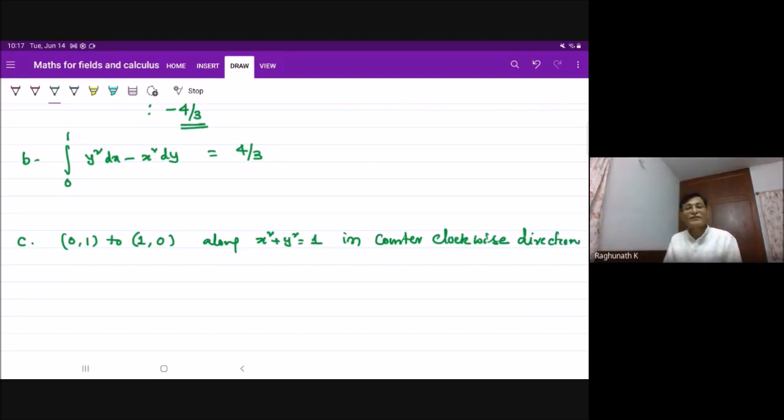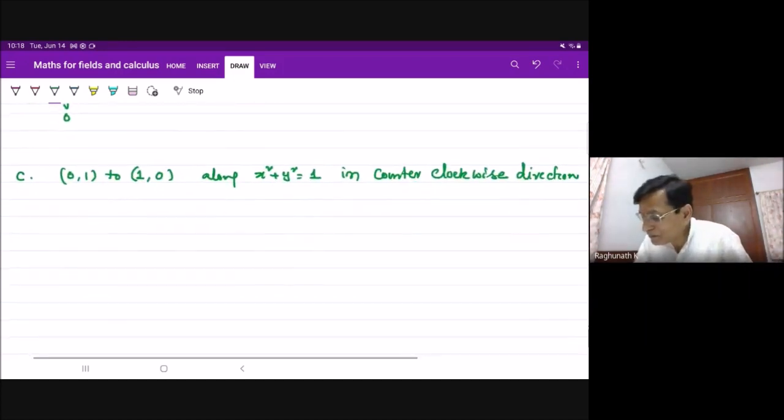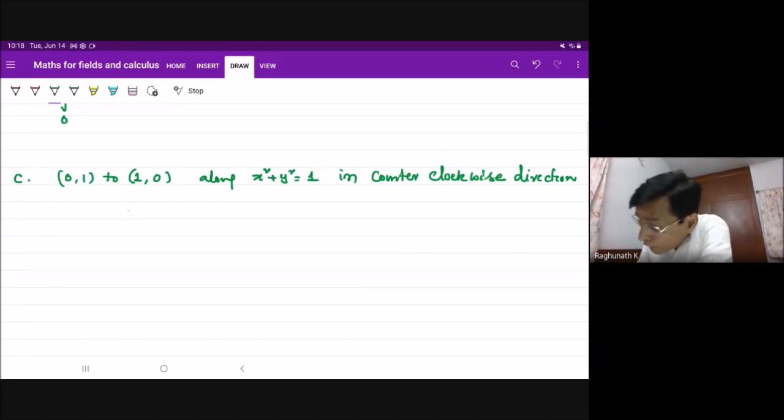What is the path? First of all, try to write the path. Excellent problem, I'm telling you. This could be a good problem actually. What is the path? 0, 1 to 1, 0.